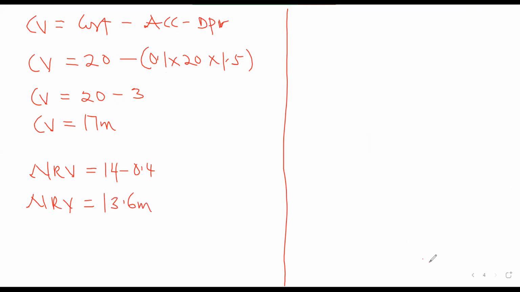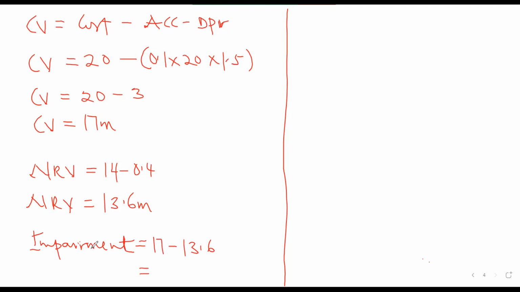Okay. The recoverable amount of the asset is 13.6 and the carrying value is 17 million. Is there any impairment on the assets? The carrying value is higher than the recoverable amount, which is the net realizable value. So the impairment will be 17 minus 13.6.